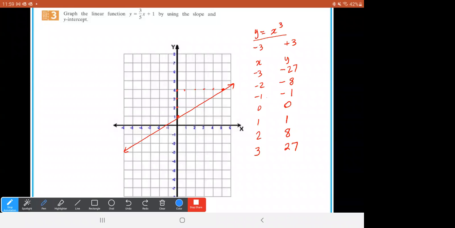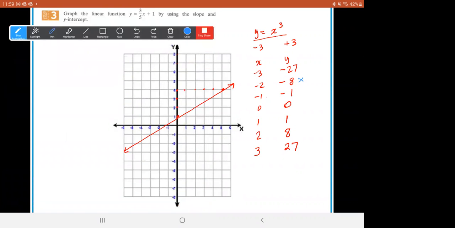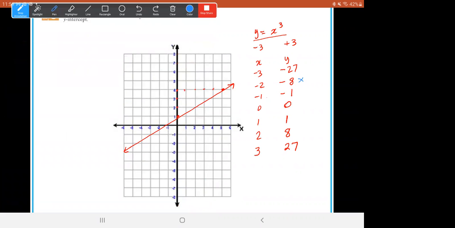The problem is I don't have enough space on this graph to do -3, so I'm going to do -2, -8. So go to -2, -8 would be right here.